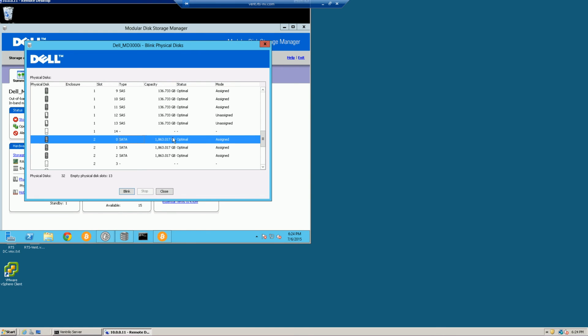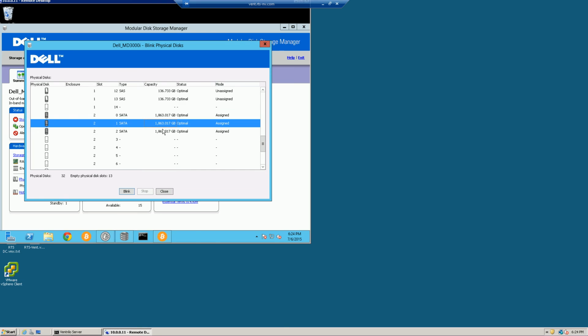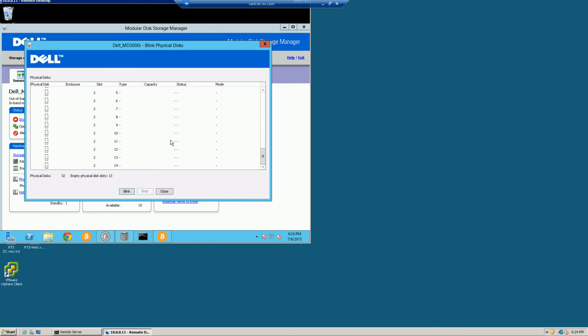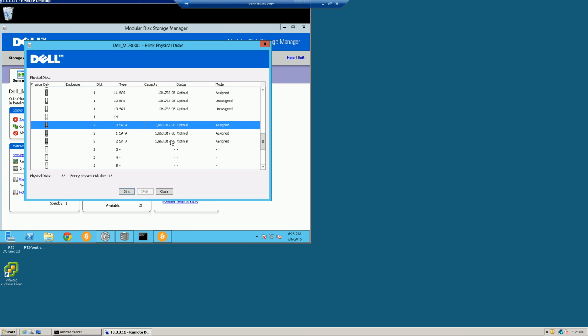On the third storage array, I have 3 2 terabyte SATA drives, but notice it'll even let you know this is a whole brand new enclosure. I did it on a whole separate unit. That way, if there's a problem, I wouldn't have to worry about my primary storage having any problems with the SATA drives, because that is a concern.